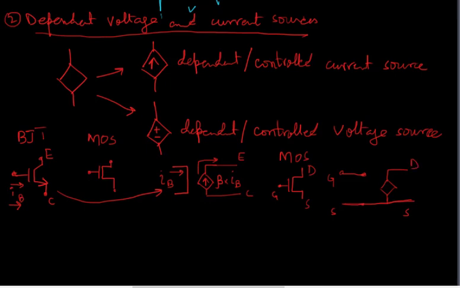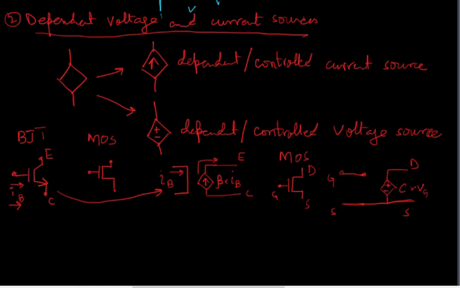Whatever voltage you apply on the gate terminal is reflected over here by some constant multiplied by the voltage on the gate.